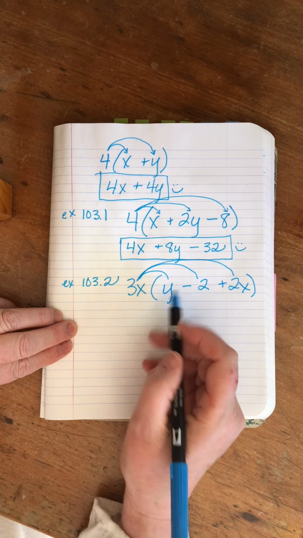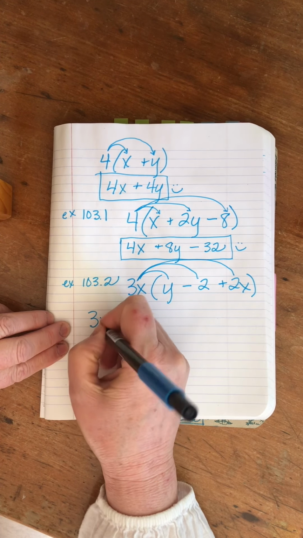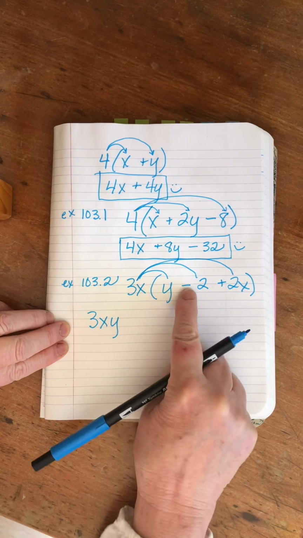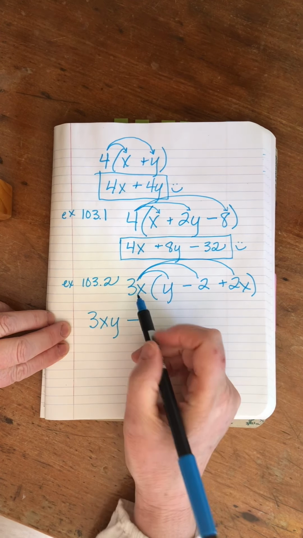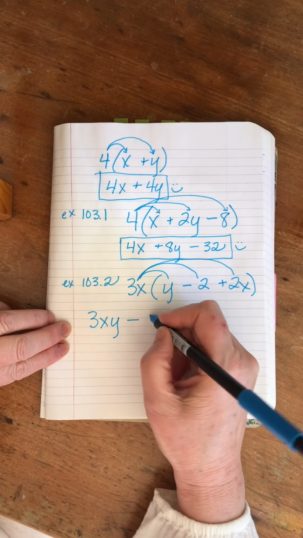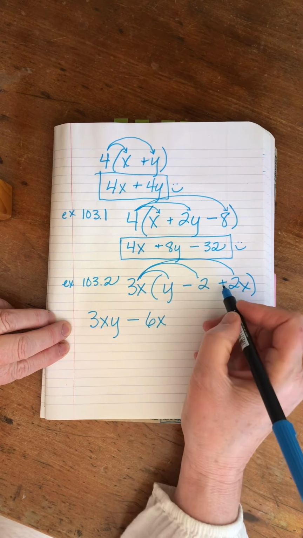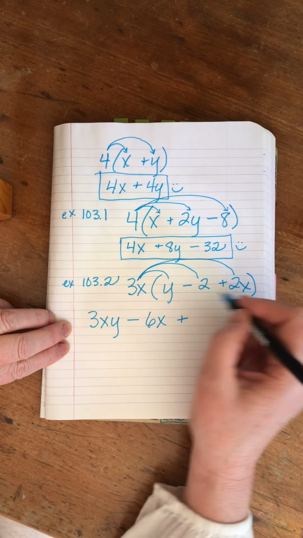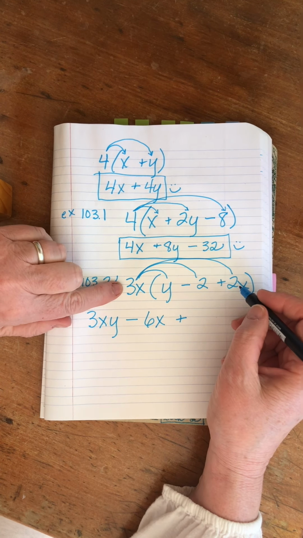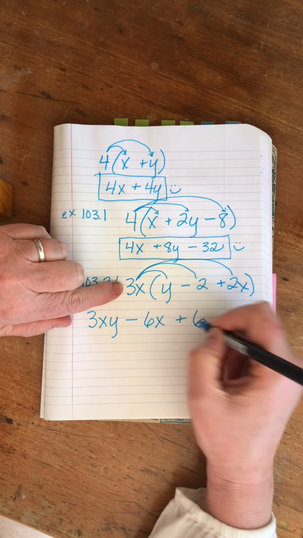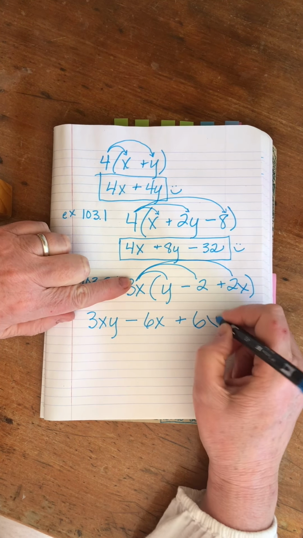3x times y, 3xy. Minus, I'm going to write that right away, 3x times 2, that's 6x. Plus 3x times 2x. I do the numbers first. 3 times 2 is 6. x times x is x squared.